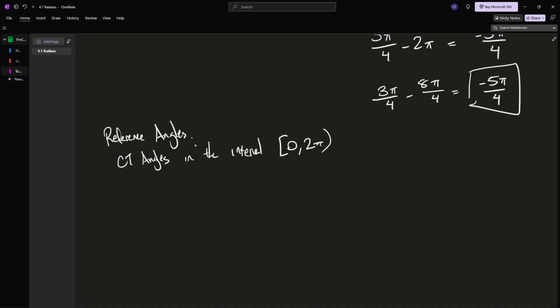Because these are the same angles, they're coterminal angles, and you don't need to include both. So we include 0 and exclude 2 pi. So all we have to do is find the coterminal angle to get to this point.